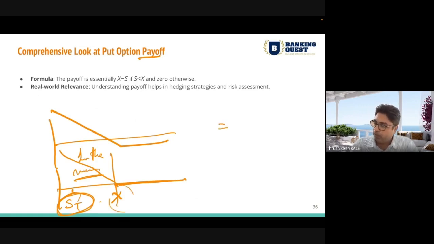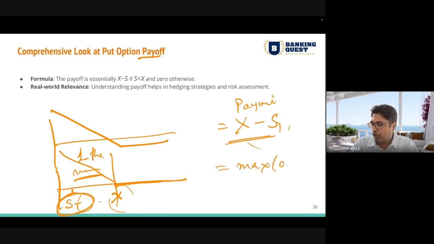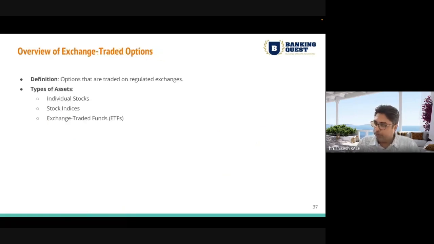And therefore, XT minus S, this is basically the payoff. And if S is greater than XT, the value comes out to be negative, and therefore I'm putting max of 0 comma XT minus S, so that if there is a zero value or a negative value, you take 0. That we have already seen.